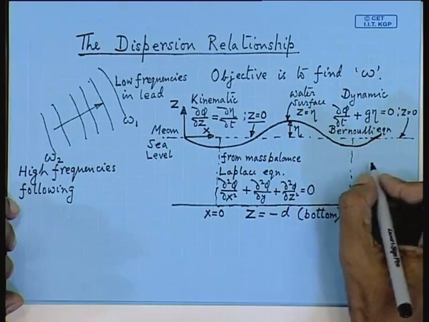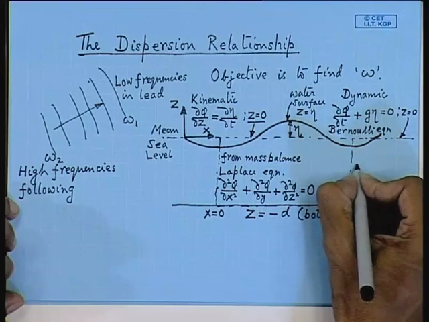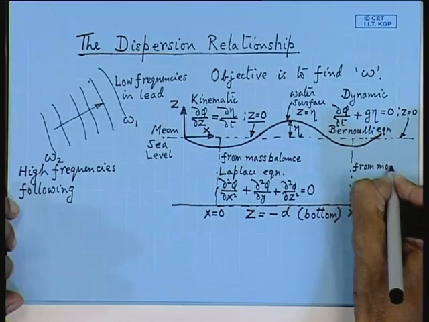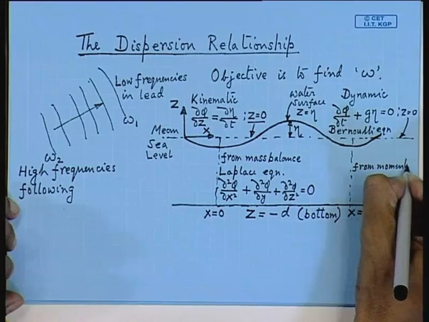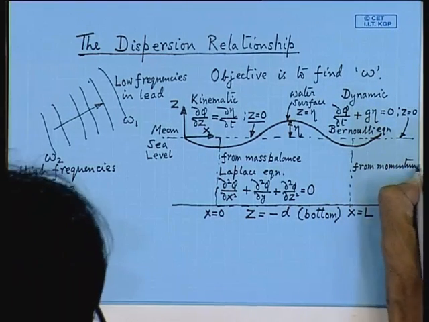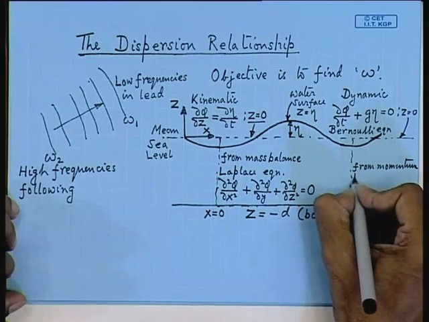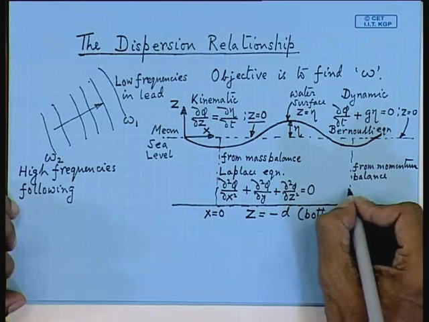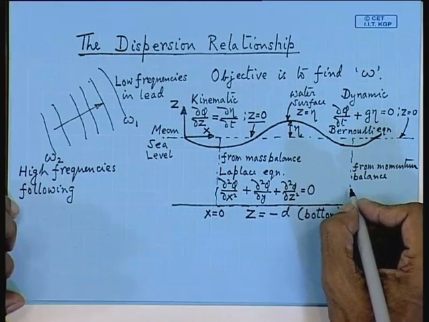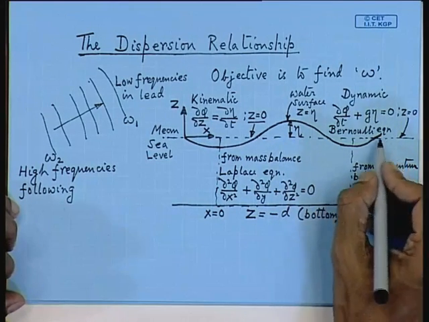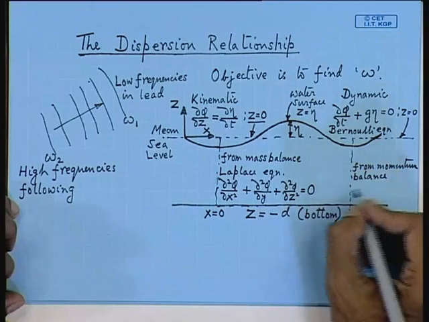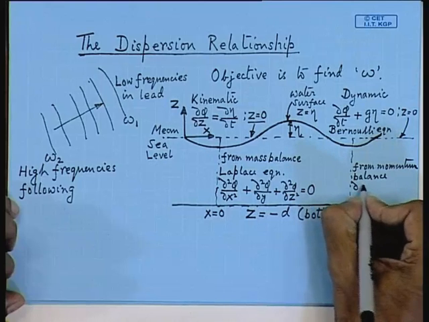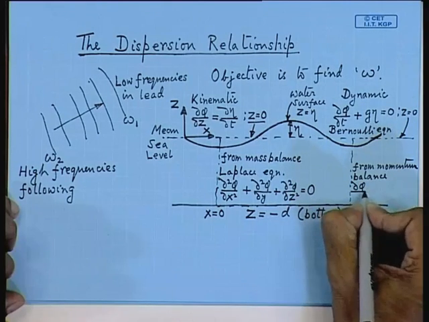The same Bernoulli equation will come from momentum balance, but slightly different in form. Only thing, at the free surface, what is the P? P is equal to 0, but here actually the water pressure will be there. So, the Bernoulli equation will change because of that.